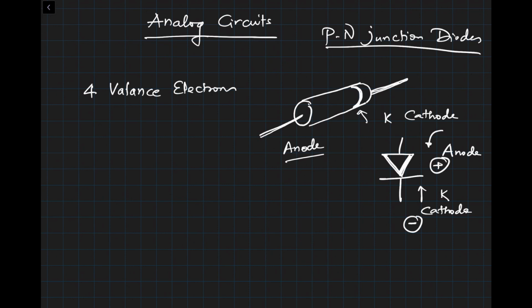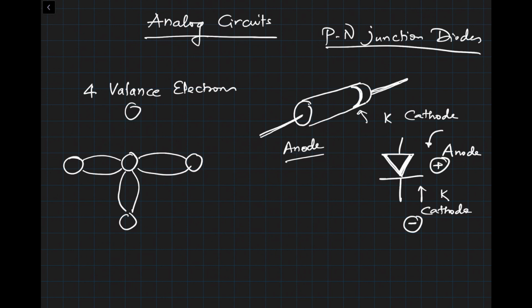They are in the outermost shell of the atom, and if you add 4 more valence electrons, then it's very happy. All the bonds are complete. For example, if you have one atom and it connects with 4 other atoms and shares electrons with each other, like this.